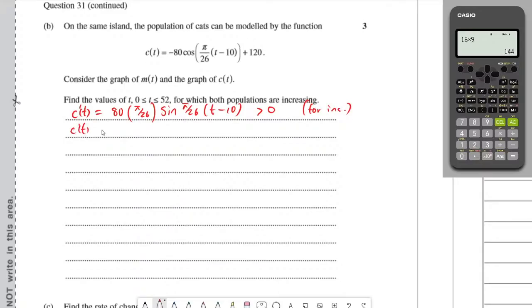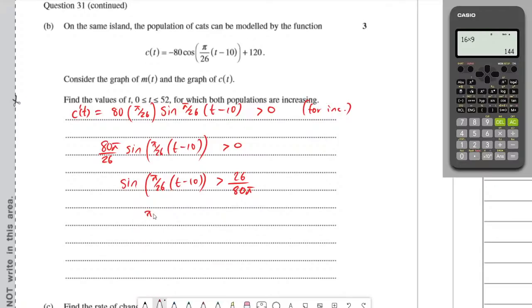So c of t is essentially when... so times both sides, divide both sides, you get sine of pi on 26 t minus 10 is greater than 26 on 80 pi.